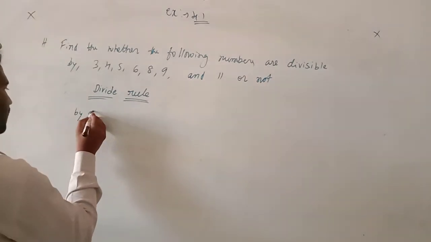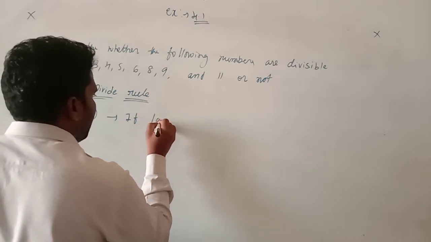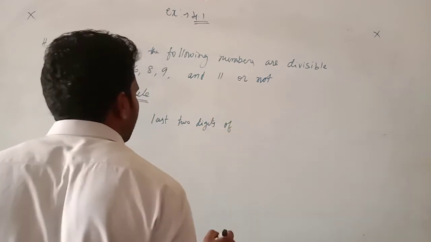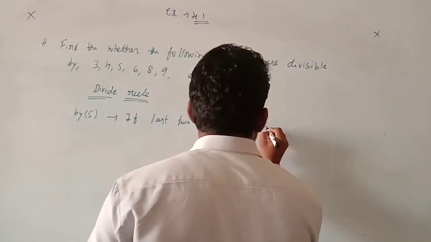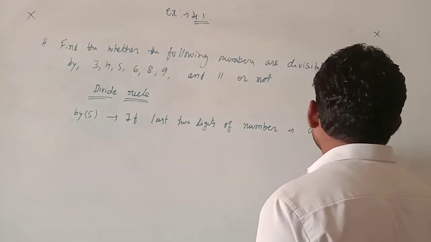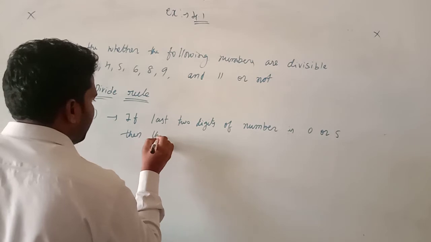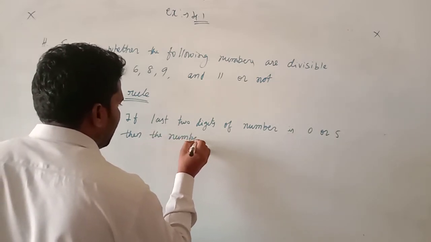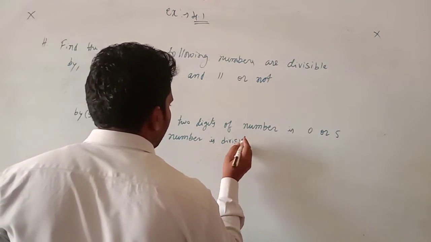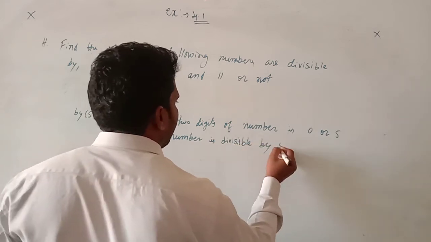By 5. So what is the rule for 5? If the last digit of the number is 0 or 5, then the number is divisible by 5.